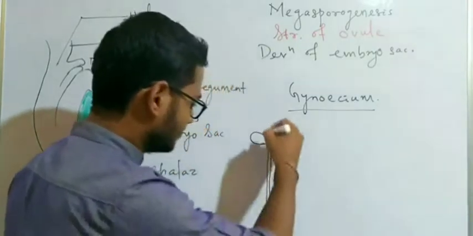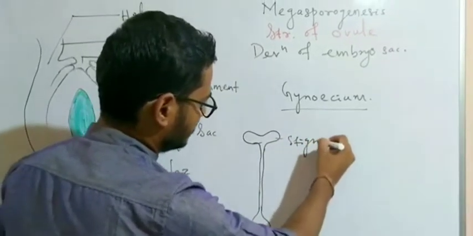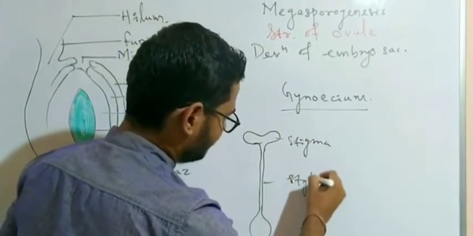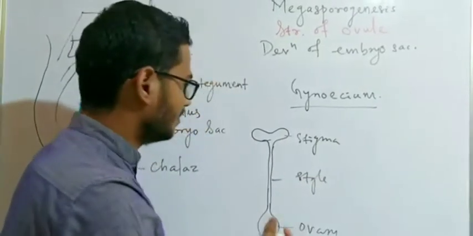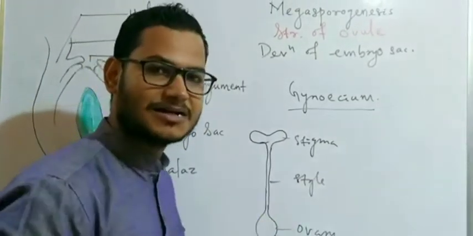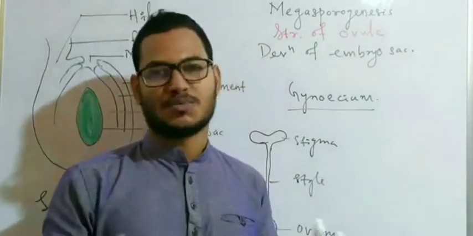These three structures make a single pistil, the female reproductive part. In the gynoecium there may be a single pistil or many pistils.